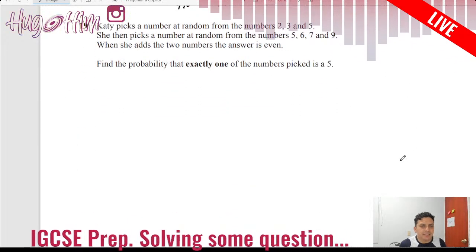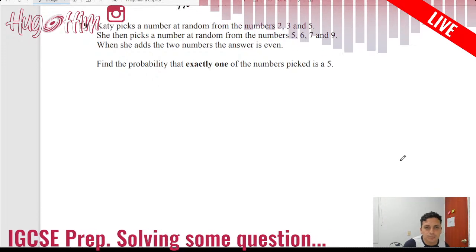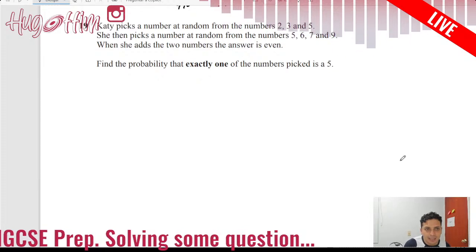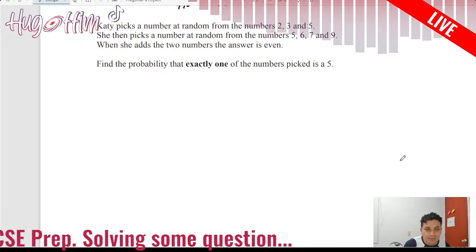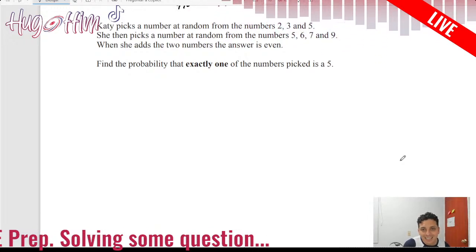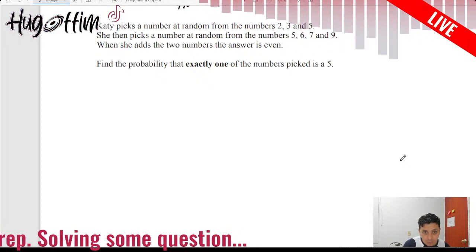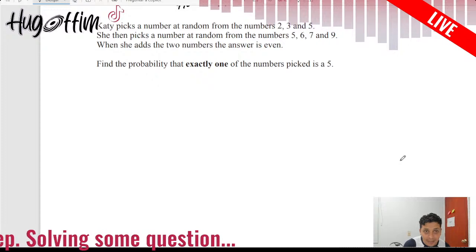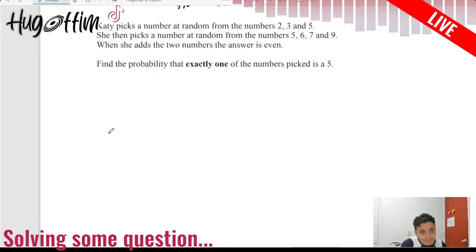Okay, Katy picks a number at random from the numbers 2, 3, and 5. Then she picks a number at random from the numbers 5, 6, 7, and 9. When she adds the two numbers, the answer is even. Find the probability that exactly one of the numbers picked is a 5. Oh my god. I'm going to try to do a tree diagram, I guess.